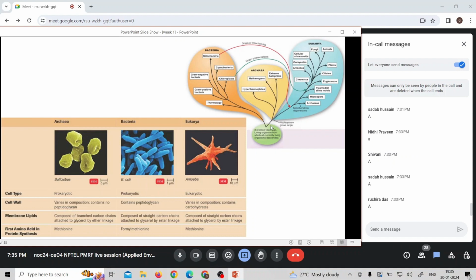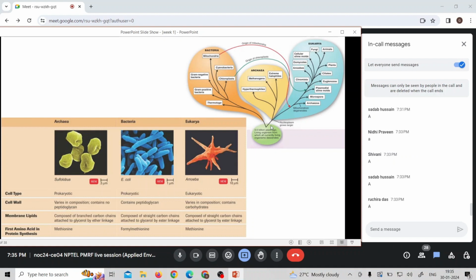So what makes archaea withstand these extreme conditions? Their biomolecules, the structures out of which they are made, give them a few biochemical advantages which enable them to survive in extreme conditions. That is the key difference between bacteria and archaea.